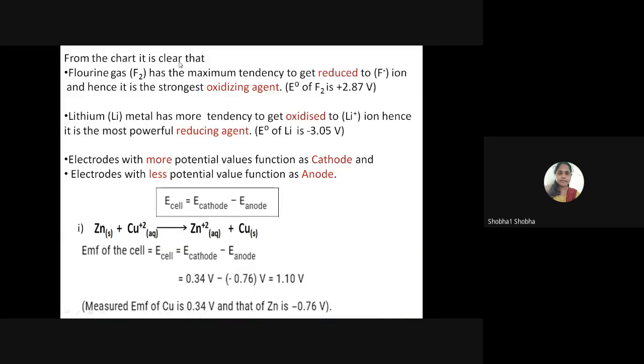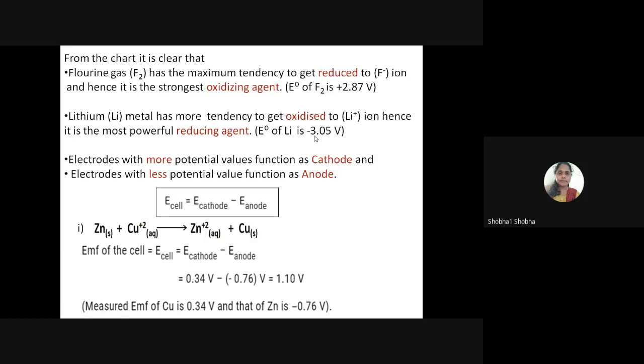So from the chart it is clear that fluorine has the maximum tendency to get reduced to F minus. Therefore, it is the strongest oxidizing agent, where E naught of fluorine is plus 2.87 volt. Whereas lithium wants to undergo oxidation to lithium plus, and it is a reducing agent with E naught of minus 3.05 volt.